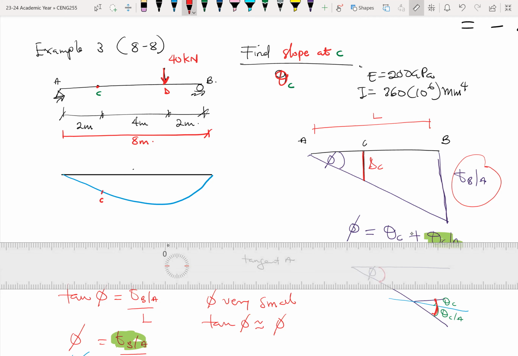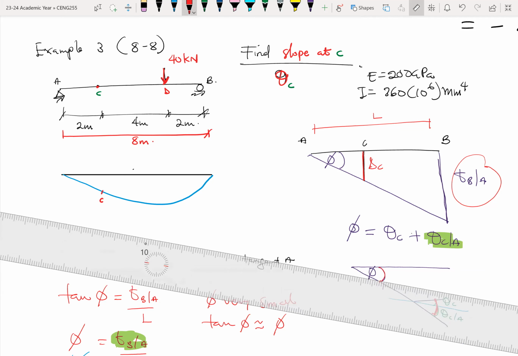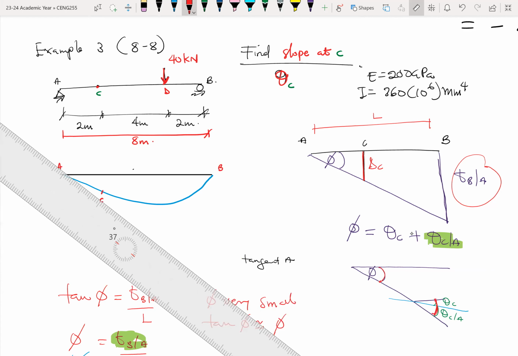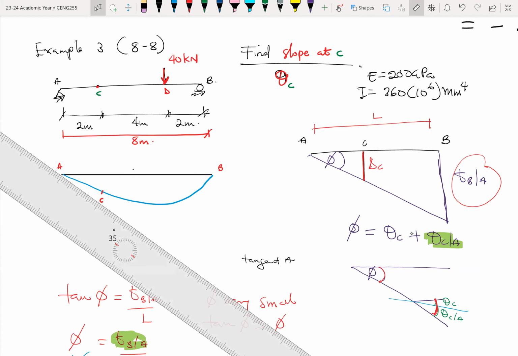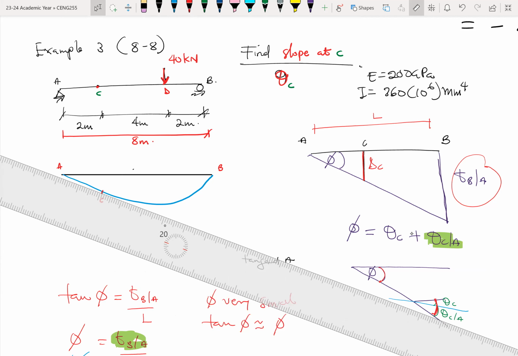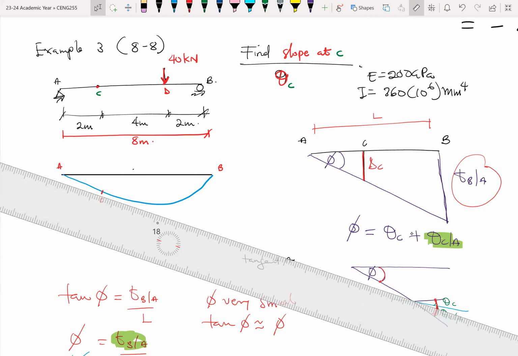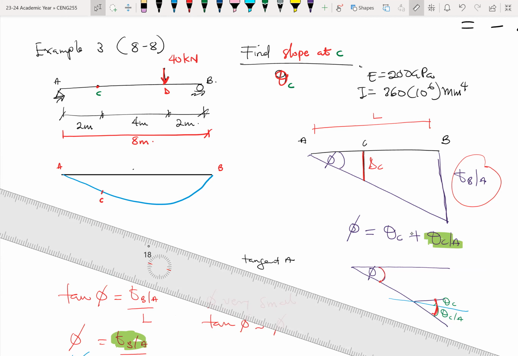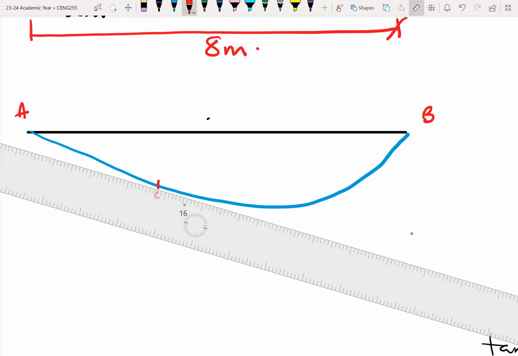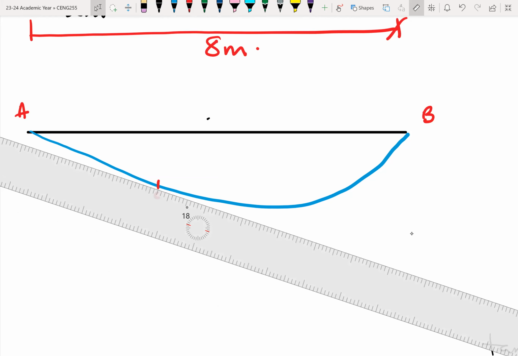So this is A, this is B. Let me draw a tangent from A. Let me just move C a little bit away from this point. Let me put C somewhere here so that at least I can get the curve the way I want it to look like.